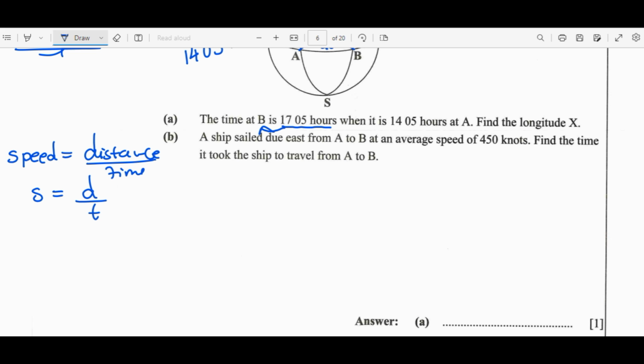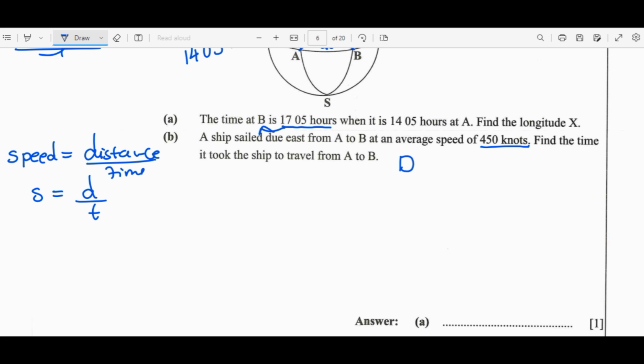So according to the data, speed is given. And the question is, we want t, but distance is not given. So we need to find the distance between the 2 points A and B. Now since the speed is in knots, the distance should be in nautical miles.